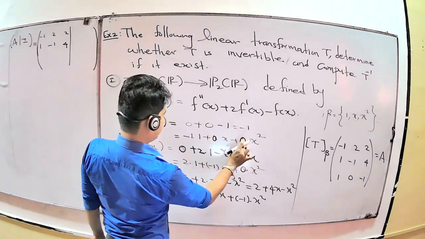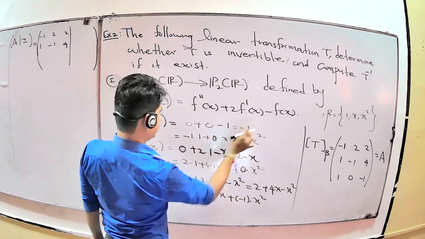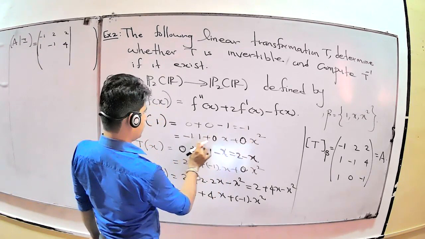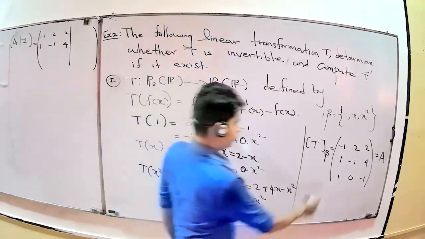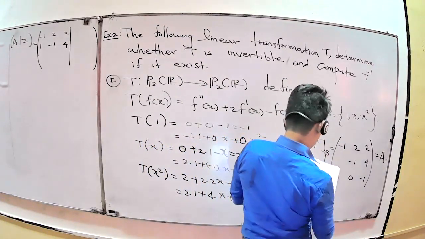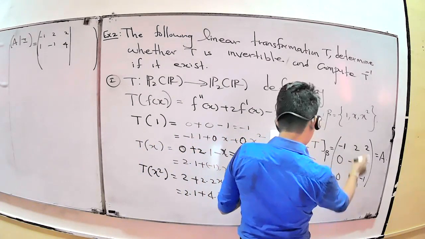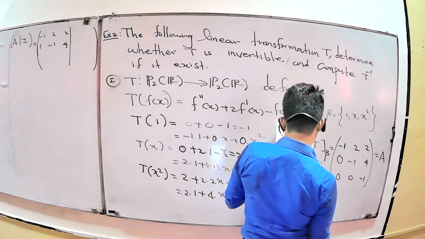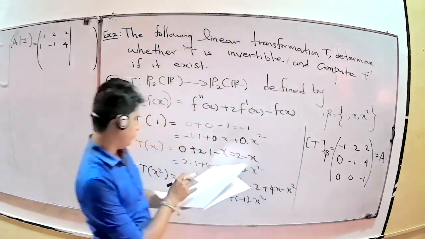Just wait, because here the only value is minus 1. Therefore, minus 1 times 1, 0 times x, 0 times s squared. Therefore, here you get the representation matrix of this form, here 0, here also 0. It is your representation matrix.